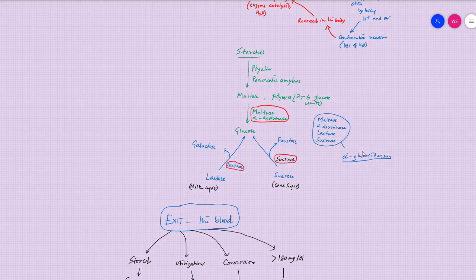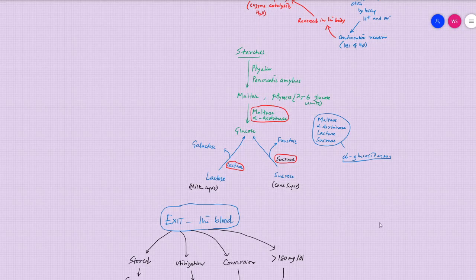Definitely yes. If we block alpha glucosidases, complex starches will not be converted to glucose. And if there is less absorption, definitely less sugar will enter the blood, and the blood sugar level will go down.